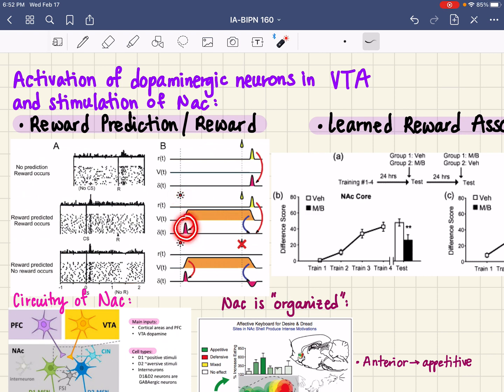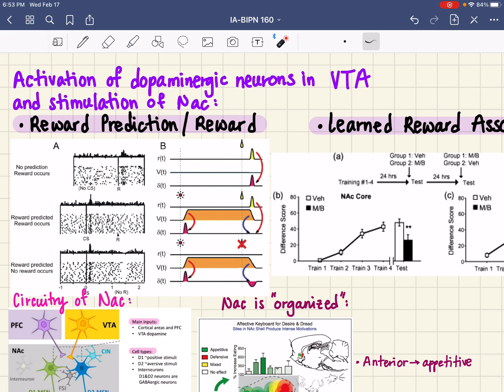And this basically notifies the fact that this animal now expects to get this juice. So because the dopaminergic neurons in the VTA are activated right after the light signal is given, tells us that these neurons are involved in reward prediction and not so much the reward itself.